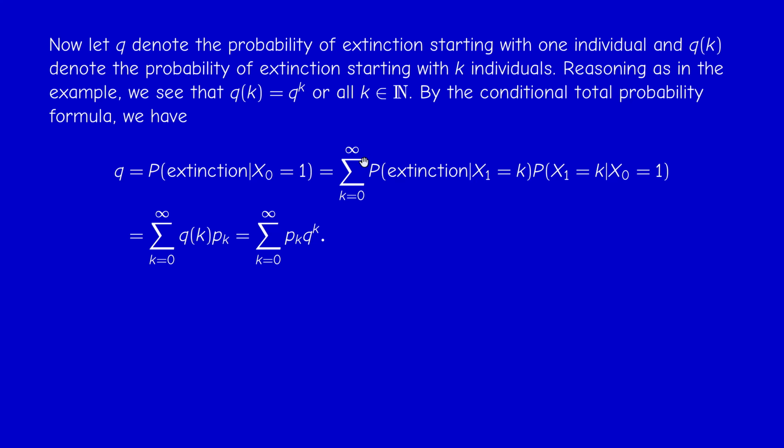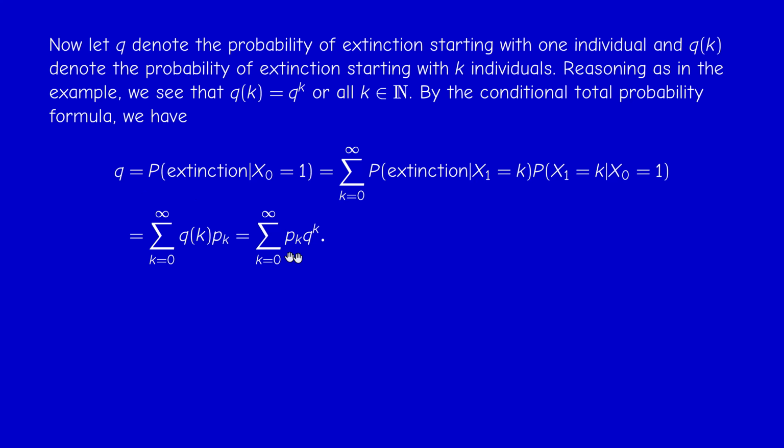And so if I apply the conditional total probability formula as we did, but instead of summing from 0 to 3, I can sum from 0 to infinity, because the reproduction process can have any probability distribution pk. So it must go from 0 to infinity. And by the same reasoning, instead of a polynomial, we have a power series of k with coefficients pk, which are probabilities.